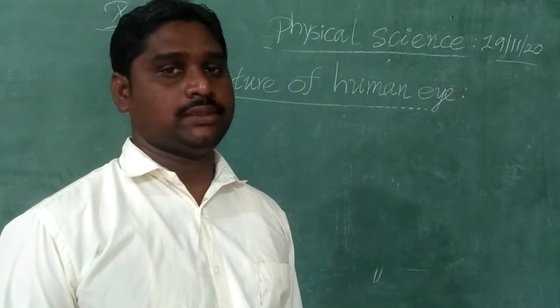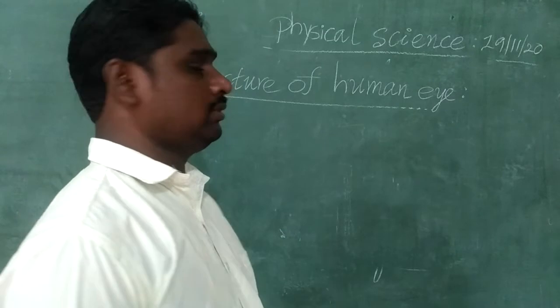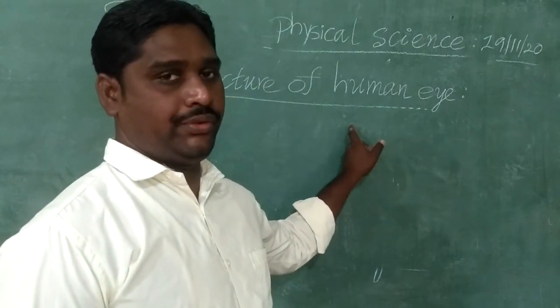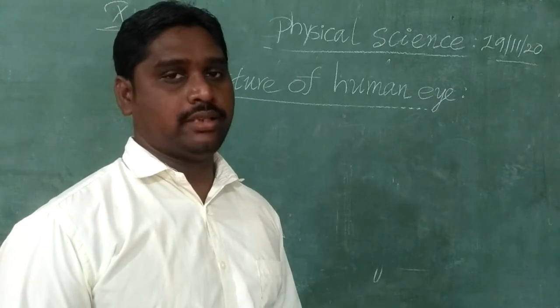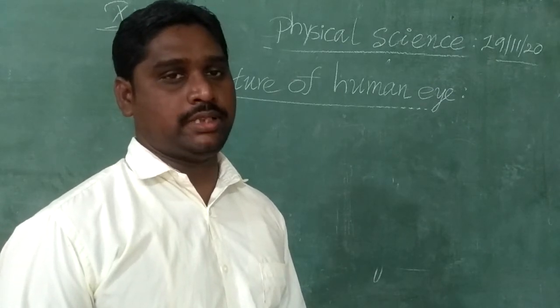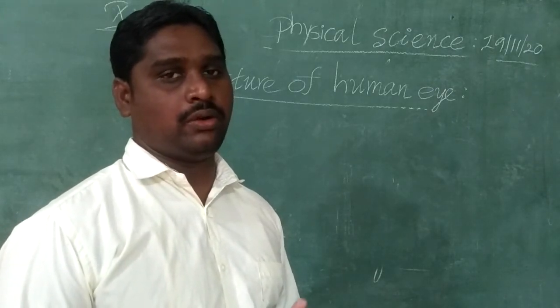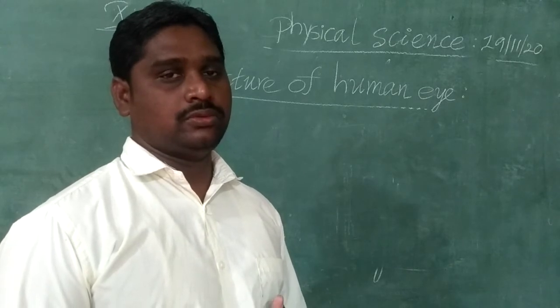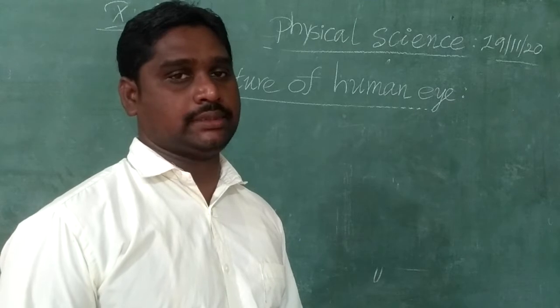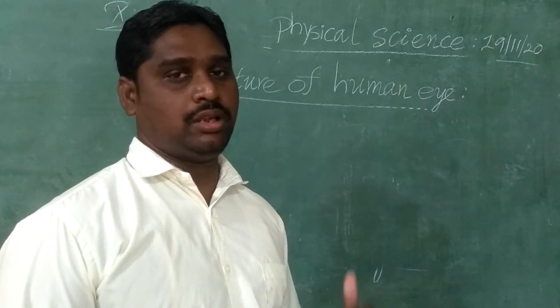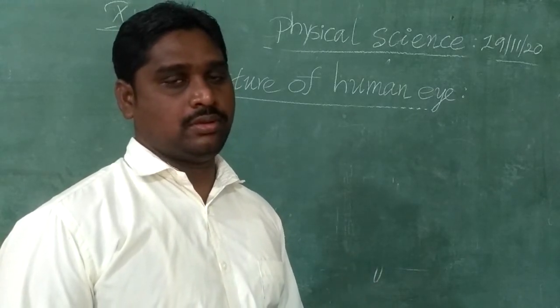Today in this class, we discuss the structure of the human eye. The human eye is an important sense organ. We look at many things in our surroundings due to the eyes.